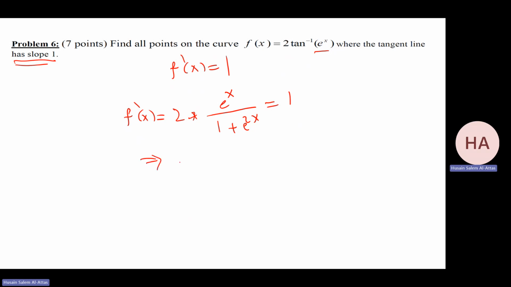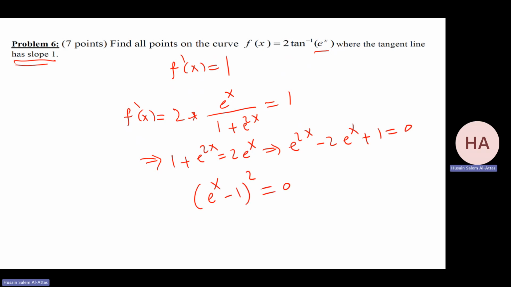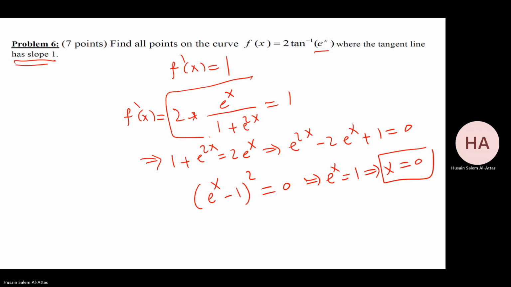So I need to solve this equation. 1 plus e to x equal 2e to x, which is e to 2x minus 2e to x plus 1 equals 0, which is e to the power x minus 1 all squared equal to 0. So I have e to the power x equal to 1. That means x equal 0. Okay, derivative equal to 1. That's the meaning. Slope 1 means f prime is equal to 1.